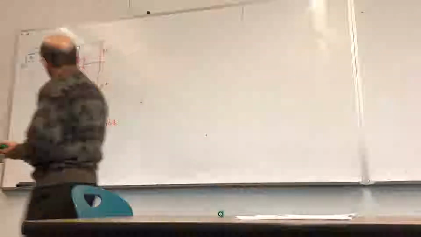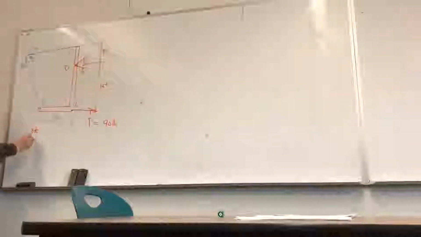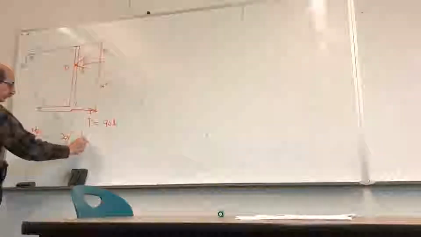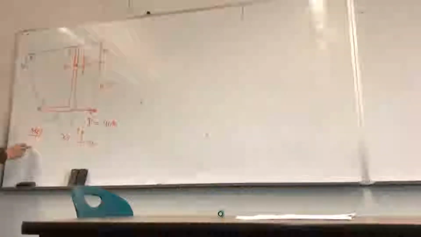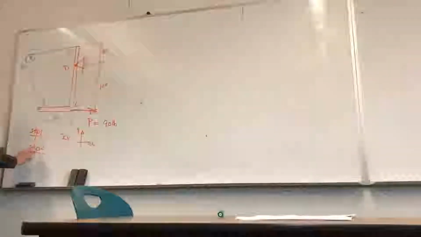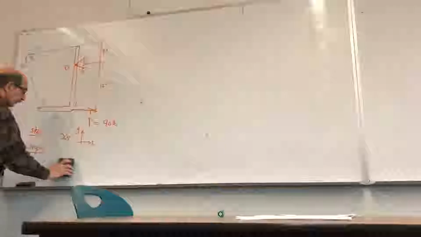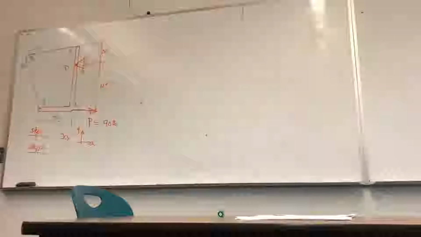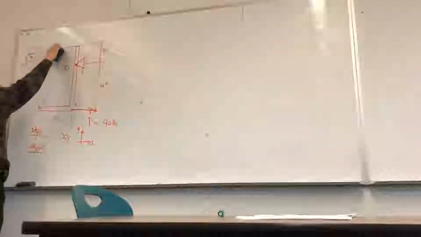So let's look at this again. Step one: XY coordinates, so I would set up an XY coordinate system. Step two: cut the structure from all its supports. Remember from physics, if you had a frictionless pulley with a cable going around it, no matter what the orientation of these two cables is, the force on the two sides is the same.